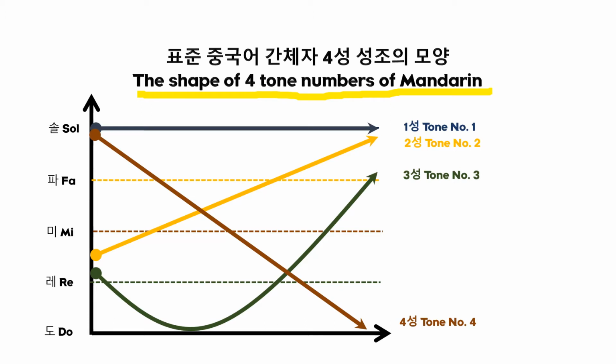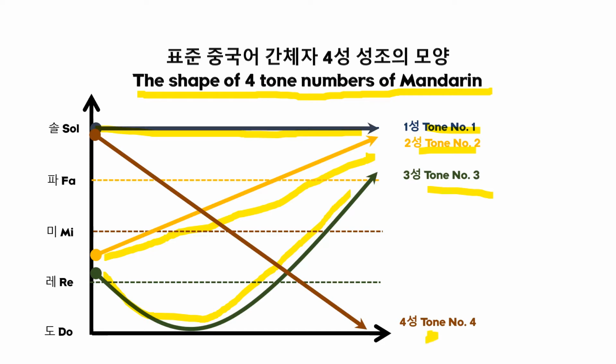So tone number 1, just like this, sol tone. And tone number 2, just like this. And tone number 3, just like this. And tone number 4, just like this. Please remember these shapes of each tone number.